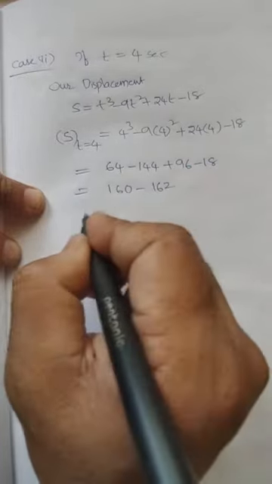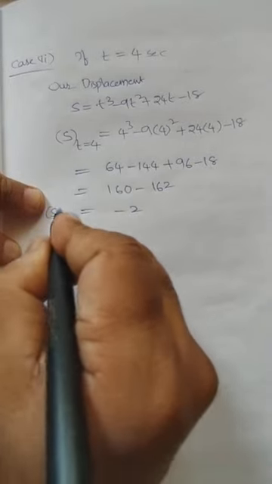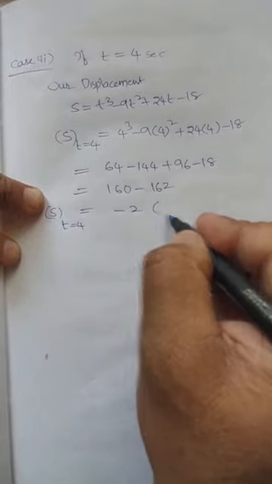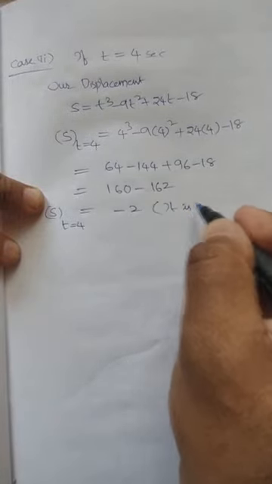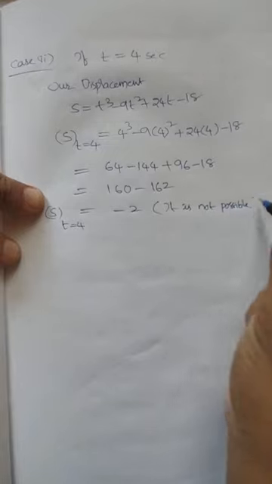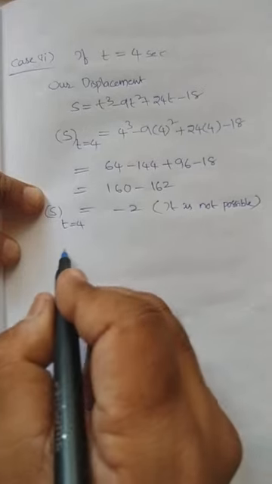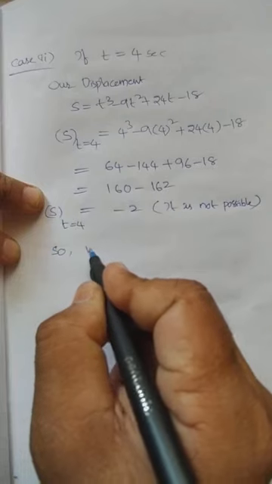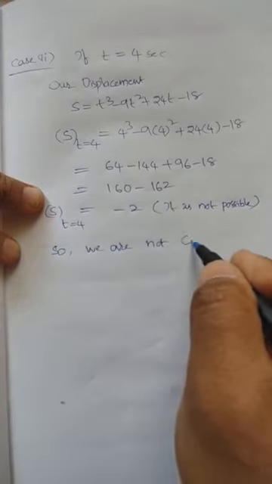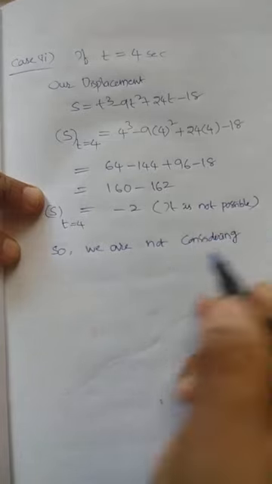So we got minus 2. So the displacement at t is equals to 4 we got negative 2. It is not possible. Why? Because the displacement can't be negative. The displacement is always positive. So we are not considering this case.